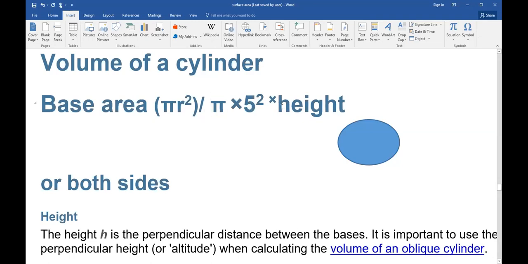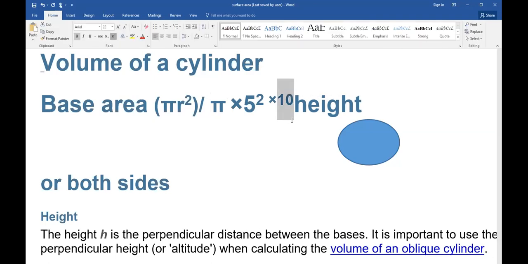Remember we said the height was how many? The height was 10 centimeters. So the height is 10.